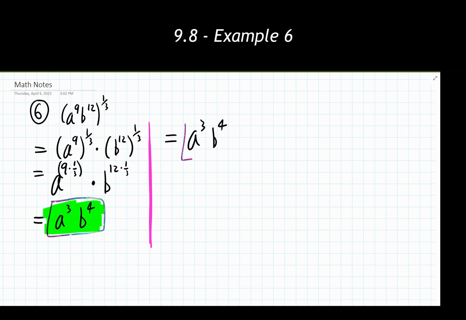Just make sure that you are applying this rule if and only if you have a product raised to a power. If there is any addition or subtraction going on inside of this set of parentheses, the product to a power rule does not apply and we cannot use it at all.